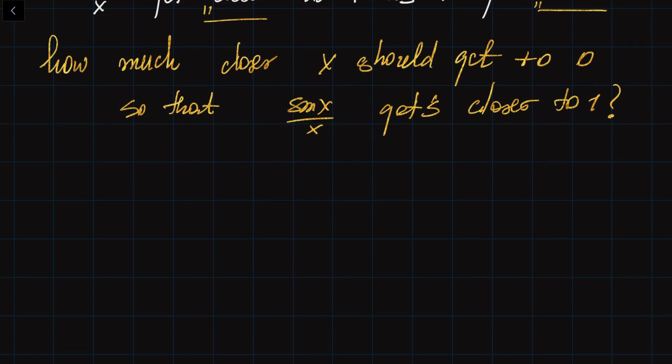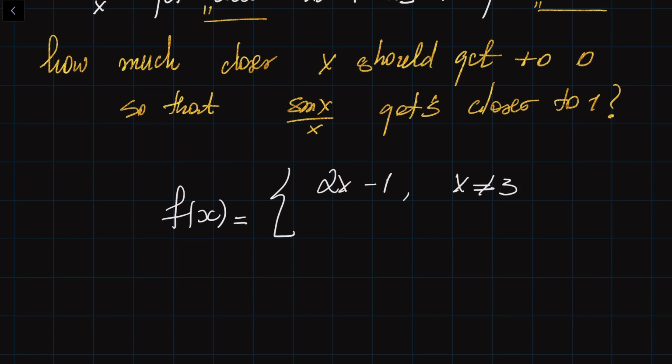I'm going to write down the function f of x equals 2x minus 1 if x is not equal to 3, and it is equal to 6 if x is equal to 3, right?